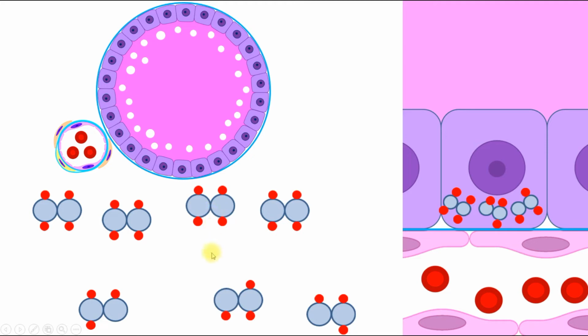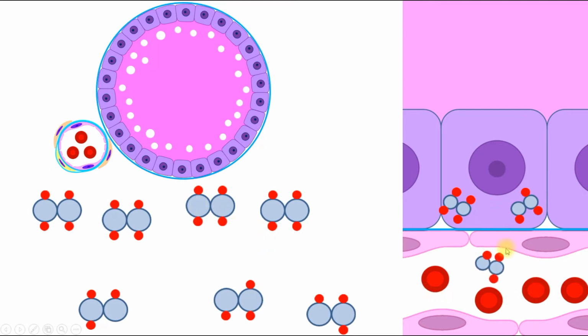T3 and T4 are 2 kinds of iodinated thyroid hormones. And T1 and T2 also may be produced, but they haven't biological activity. So the main active hormones are T3 and T4.